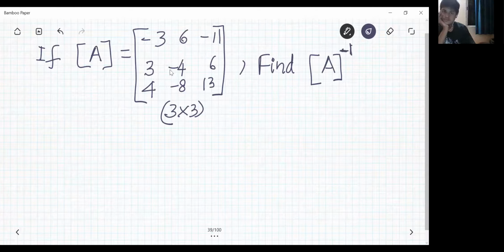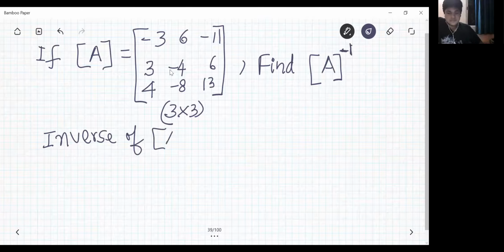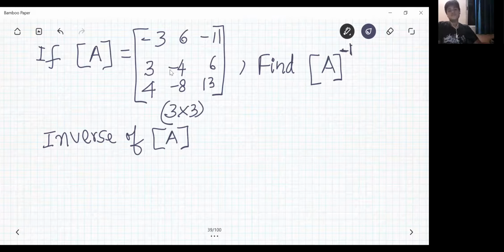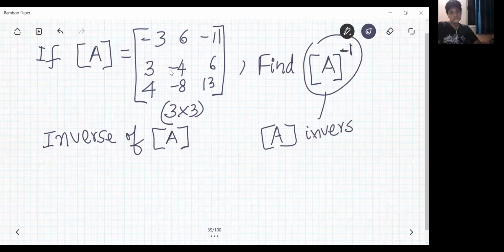It is called inverse of matrix A. Inverse of matrix A. So this one we can read as A inverse.